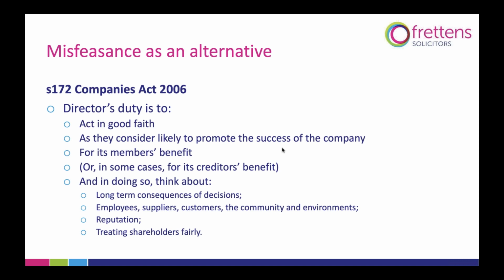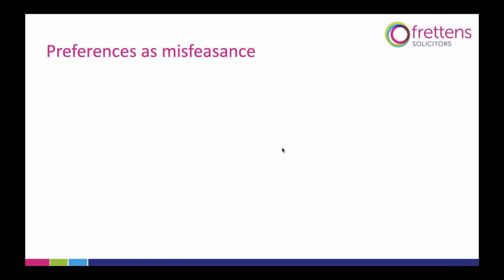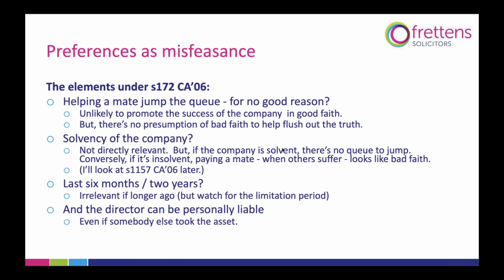Second point that you have to prove for the Insolvency Act claim is, in effect, bad faith. You have to show that the reason for allowing the queue jumping was that the director was influenced by a desire to see their mate doing better on the insolvency. They actually have to prove that they were acting in good faith when there is an obvious connection between them and the queue jumper.